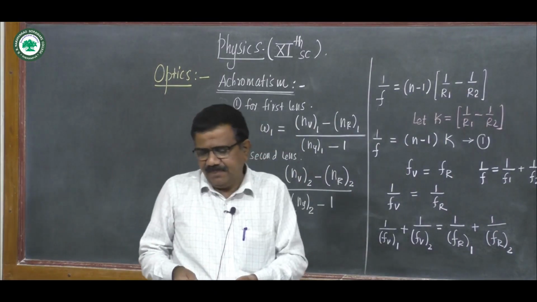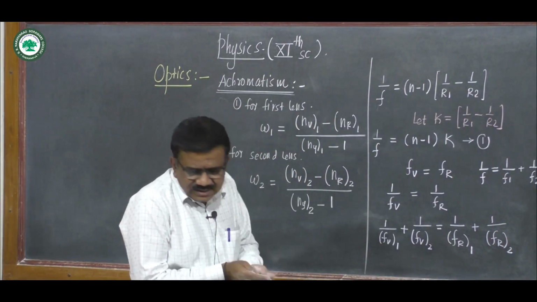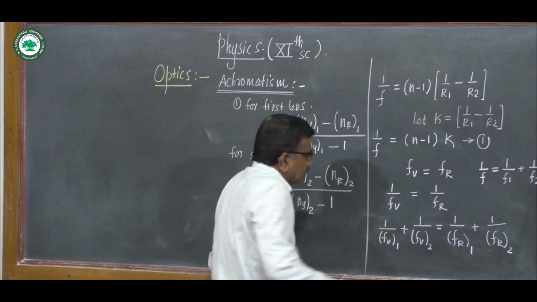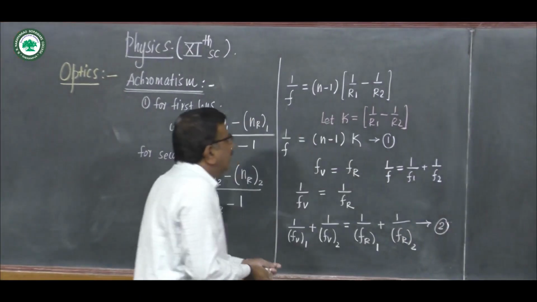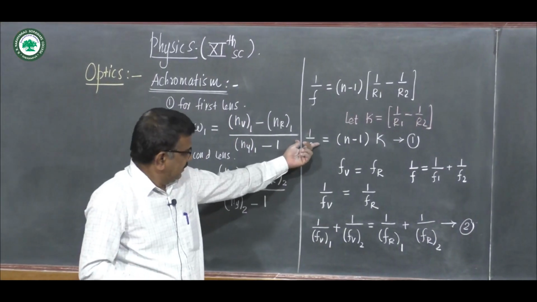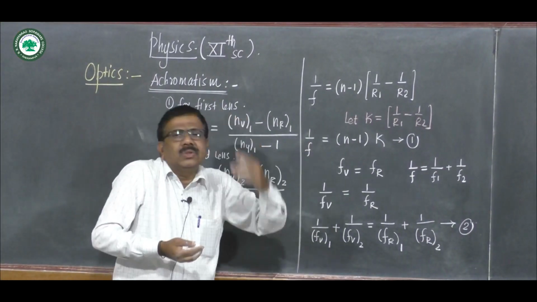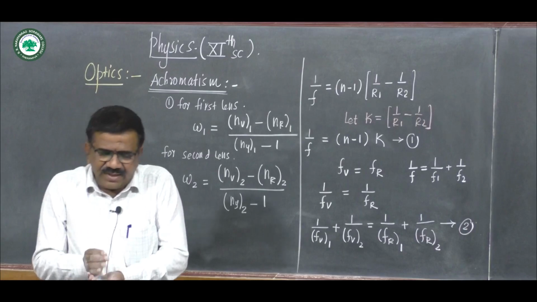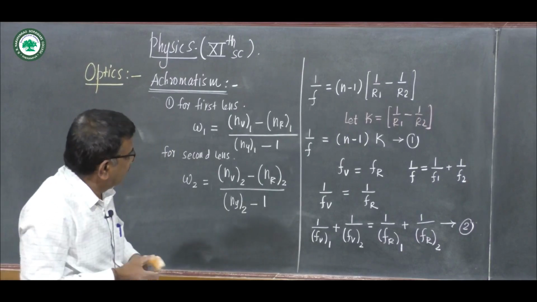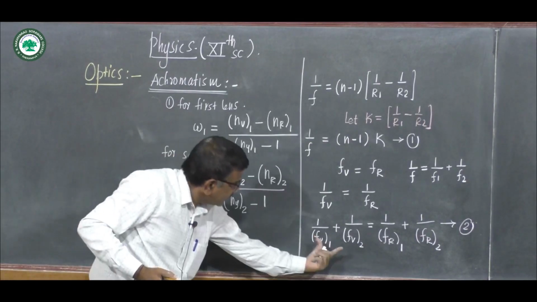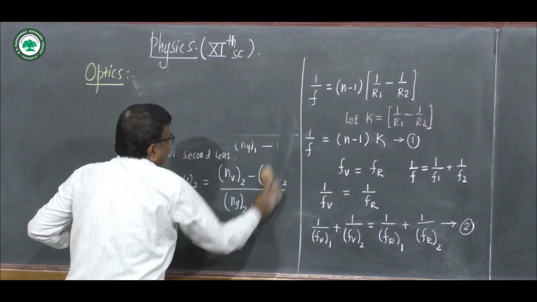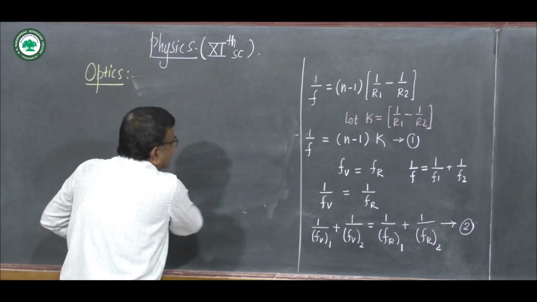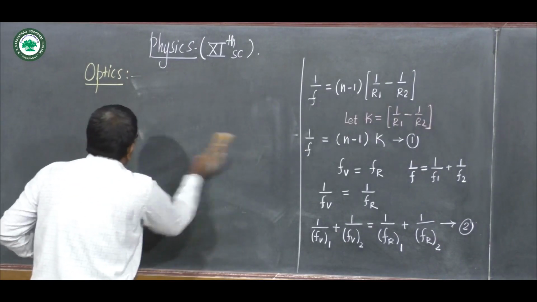This is the main part, and suppose this is our equation 2. Equation 1 is here, this is our equation 2. From equation 1, this equation 2 becomes, see this part here. Very simple steps. Try to understand.